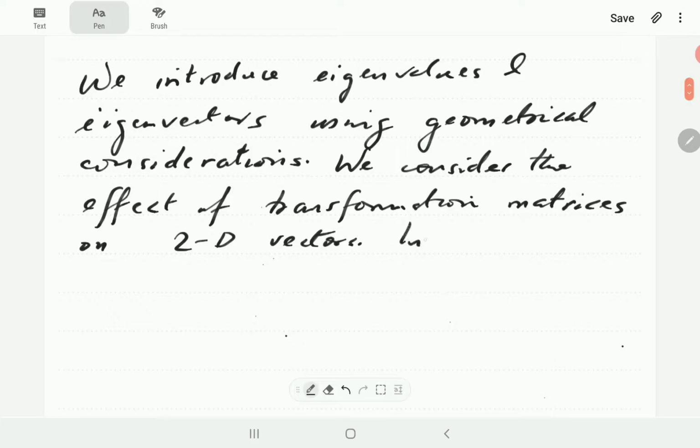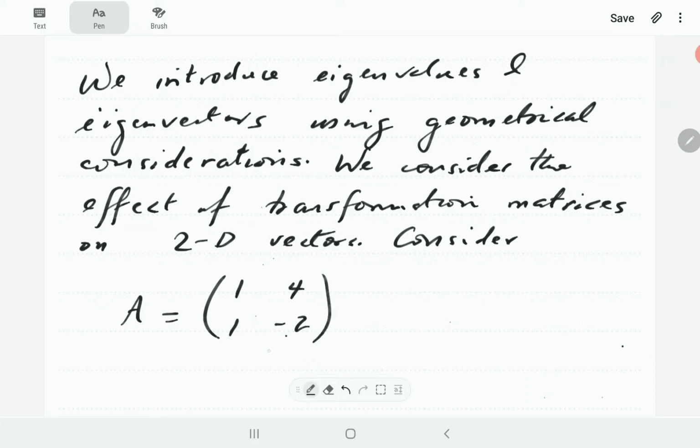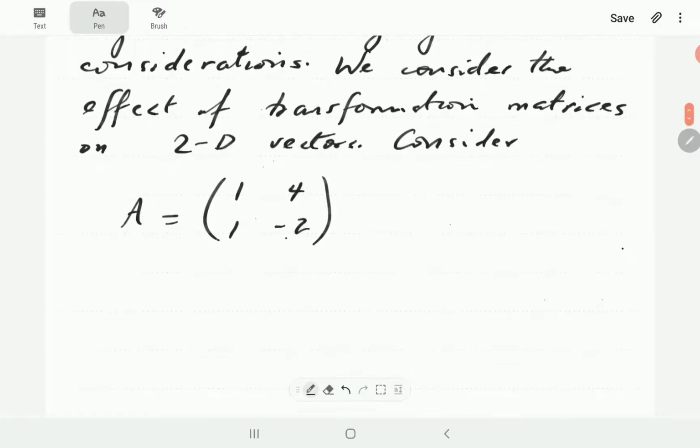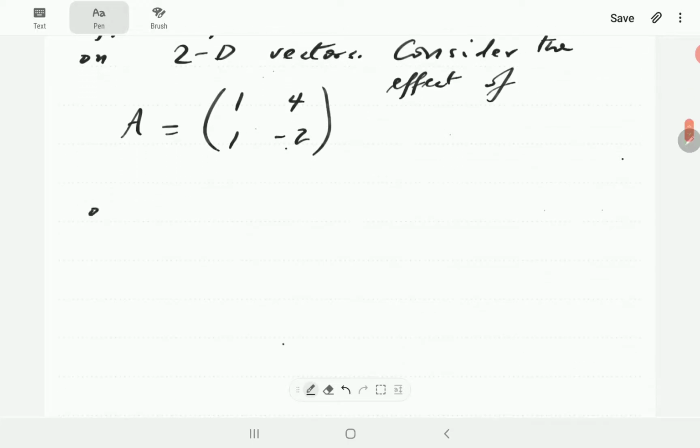In particular, we're just going to use a particular example. We're going to consider the following matrix. So consider the effect of the matrix A given by 1, 4, 1, minus 2, on two vectors.